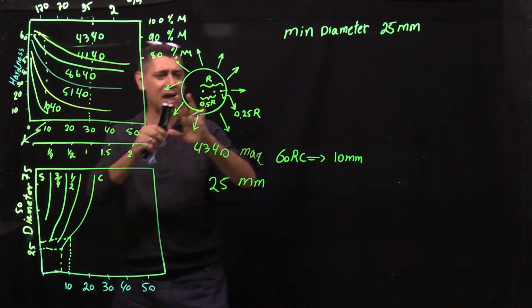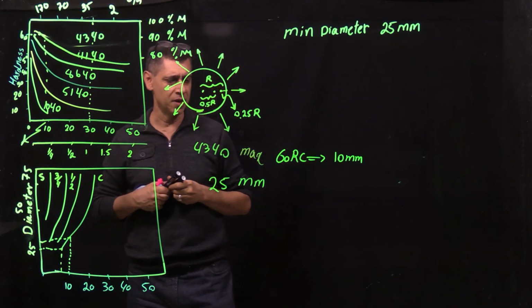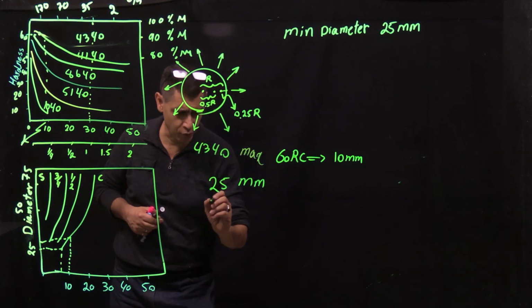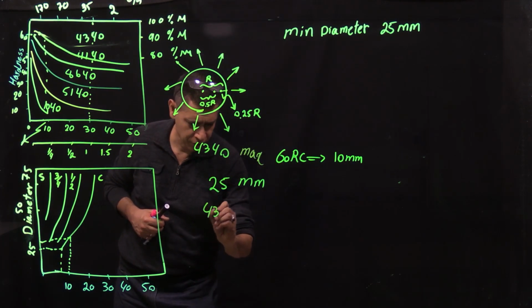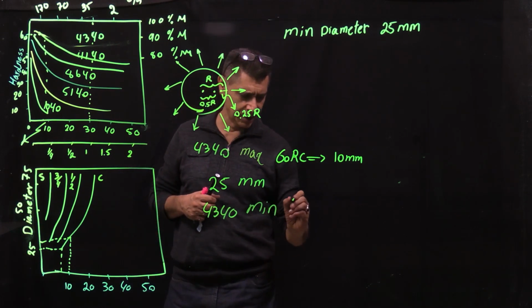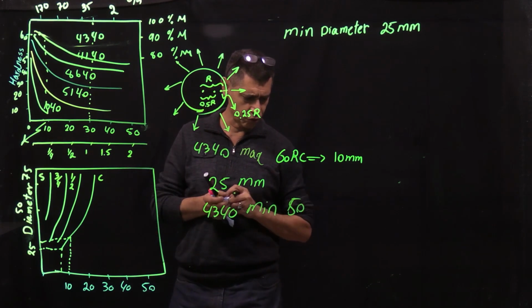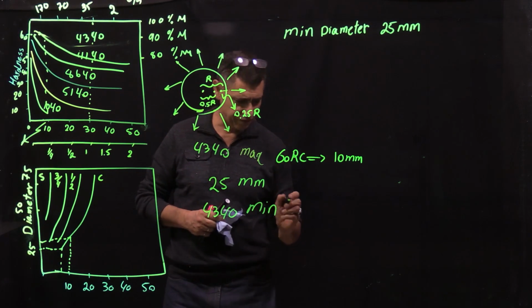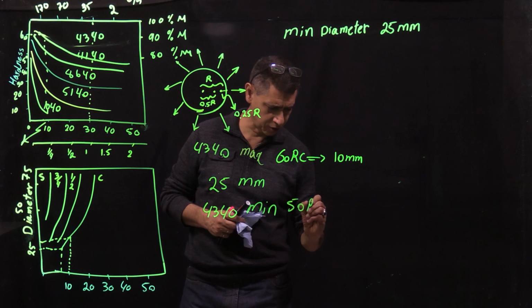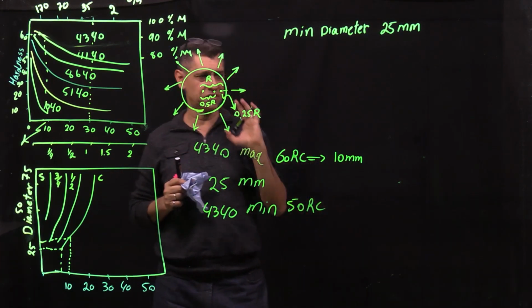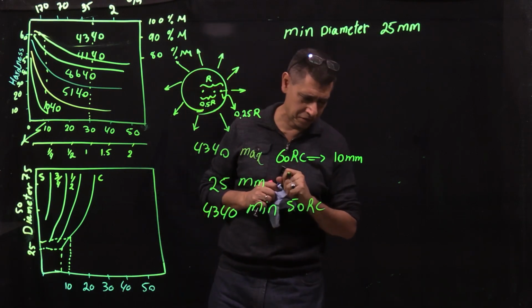I don't want anywhere in my specimen to go below 50. So therefore, the 4340 minimum hardness is 50 Rockwell C.